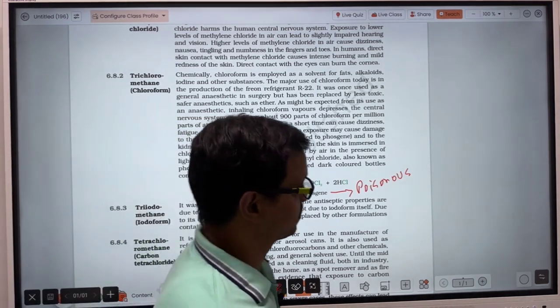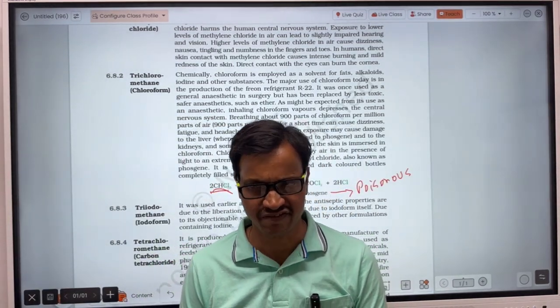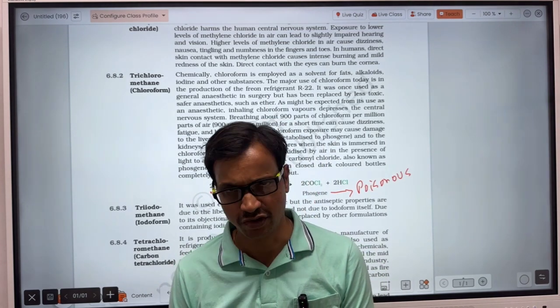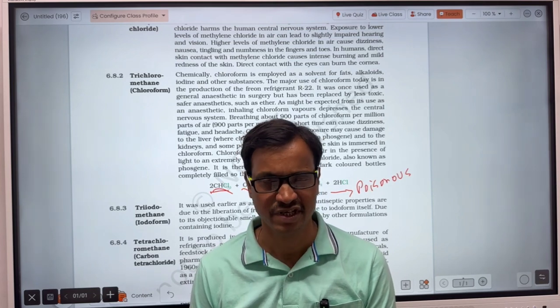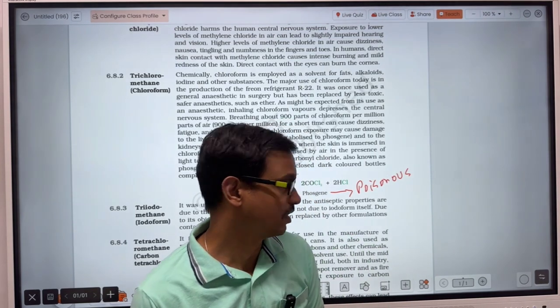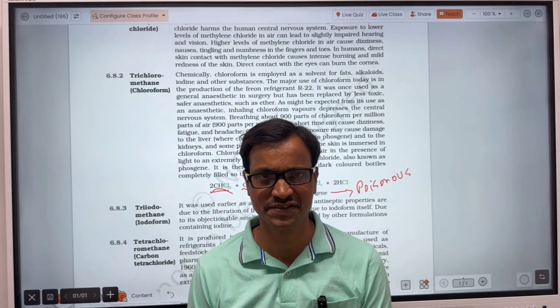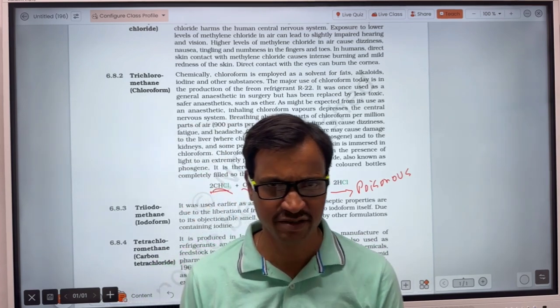Chloroform was initially used as an anesthetic, but since it has adverse effects on human health, particularly on the central nervous system, the use of chloroform has now been banned. Nowadays there are a number of substitutes for chloroform as an anesthetic.